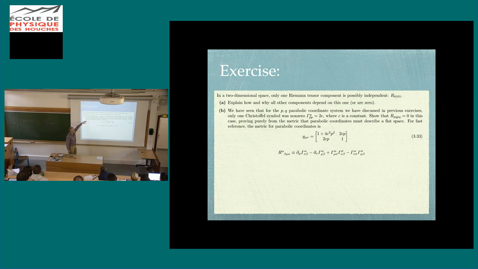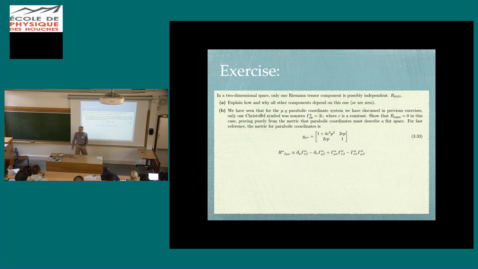And it's actually pretty easy, though I'm not going to take the time for it now. I recommend doing this. Try and do it for our parabolic coordinate system. We know that that's a flat space, so it better be equal to 0, and it is, if you work it out. So here you have a metric. You could work out what the Christoffel symbols are from the metric.